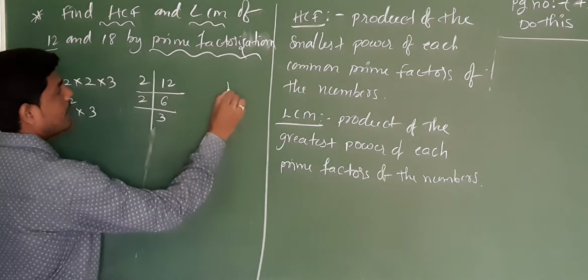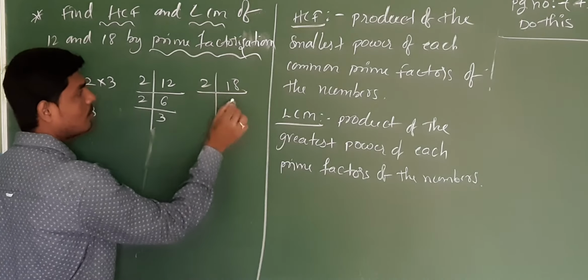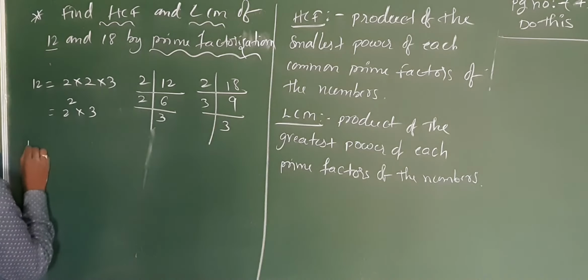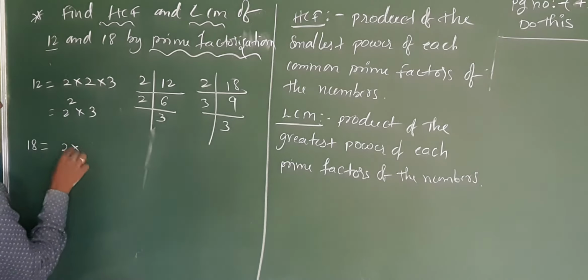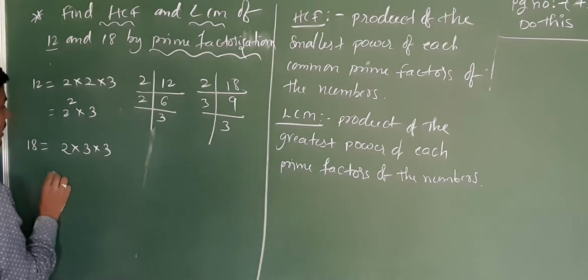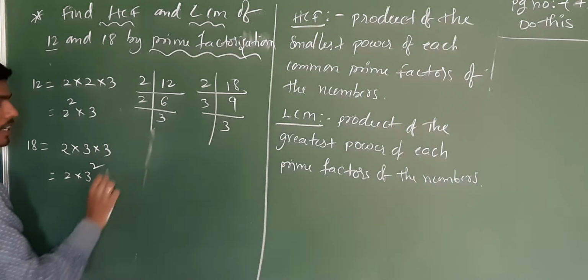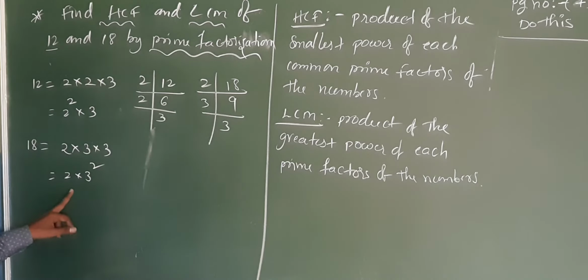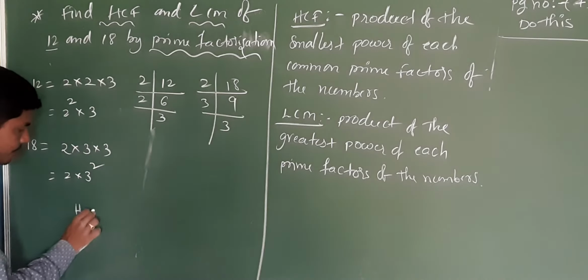Next, 18. 2 9s are 18, 3 3s are 9. So 18 is 2 into 3 into 3. That is 2 into 3 square. See, for 12, 2 square into 3 is the prime factorization. And 18 is equal to 2 into 3 square is the prime factorization. Now HCF.